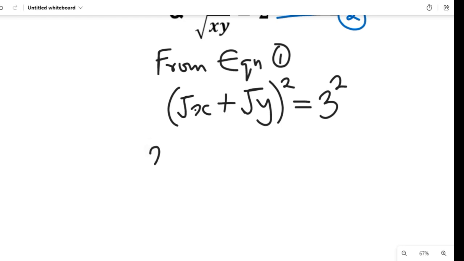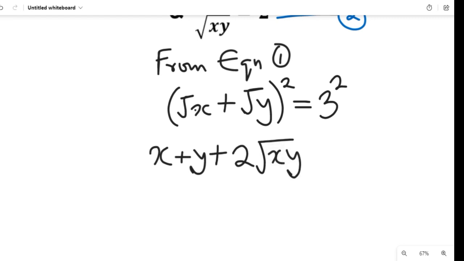The first term squared will give us x, plus the second term squared will give us y, plus 2 times the multiplication of the first term and the second term, and that will be equal to 9. So let's consider this to be equation 3.